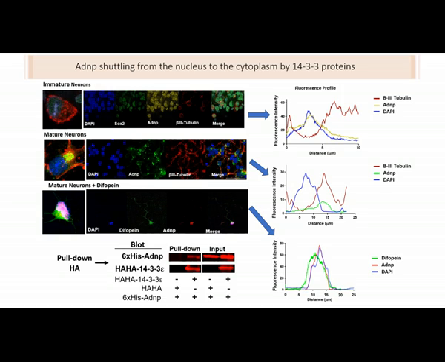Admp was trapped inside the nucleus, suggesting that 14-3-3 binds to Admp and shuttles it into the cytoplasm. And also, by using pull-down analysis, we confirmed that 14-3-3 epsilon, one of the 14-3-3 family protein isoforms, binds to Admp.